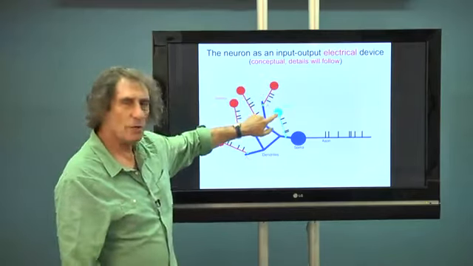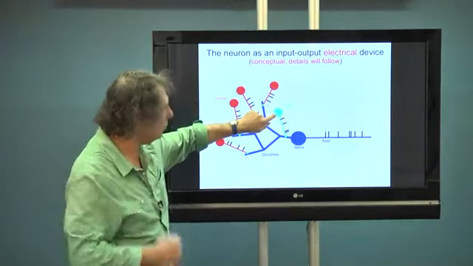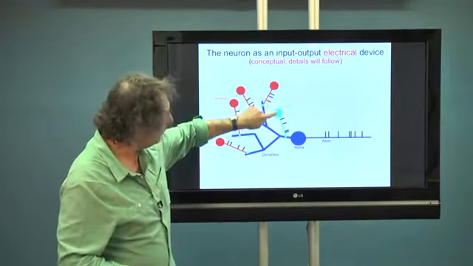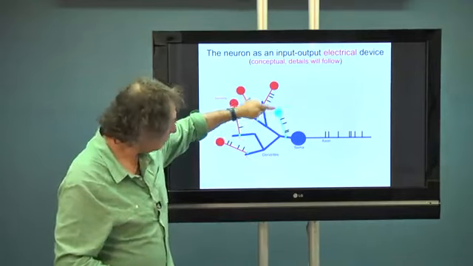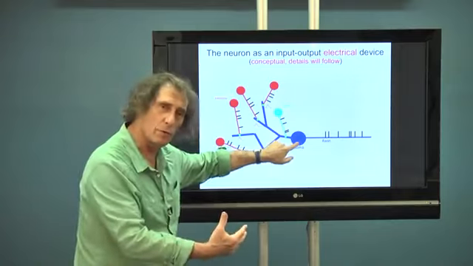There is also another group of neurons, let's call it the green neurons or the magenta neurons. Many of them, I just show one of them, also make contact to the dendritic tree of the blue neuron.